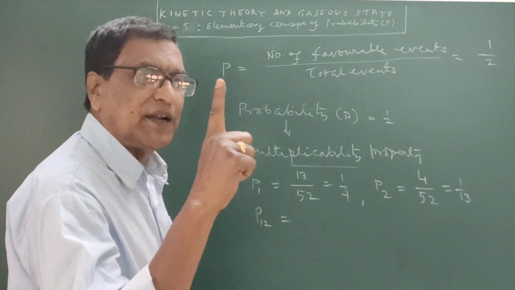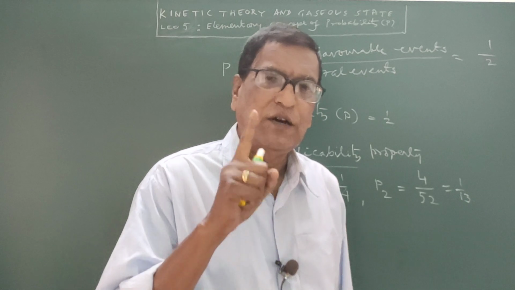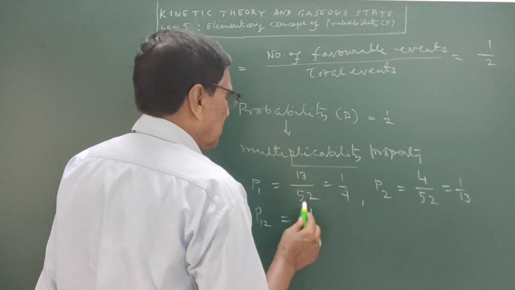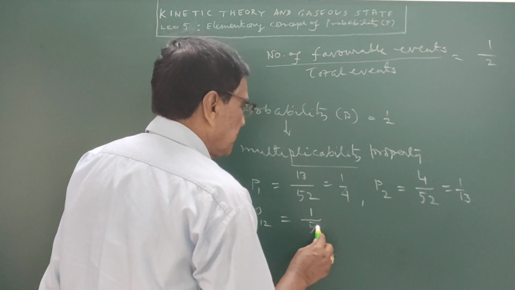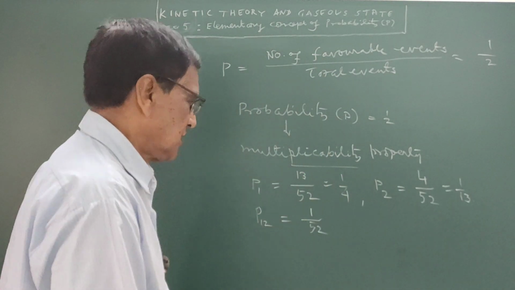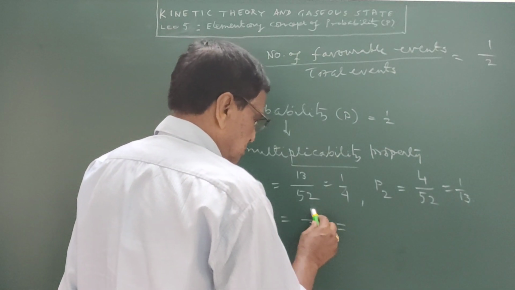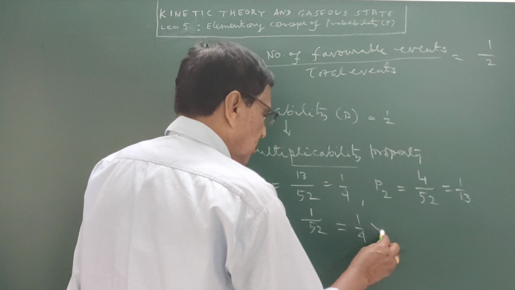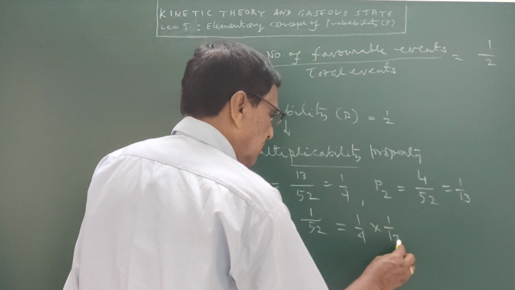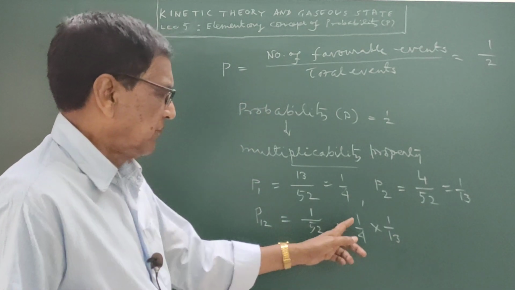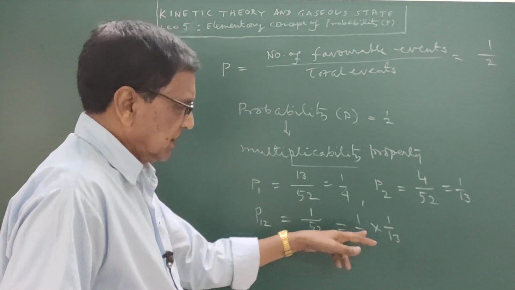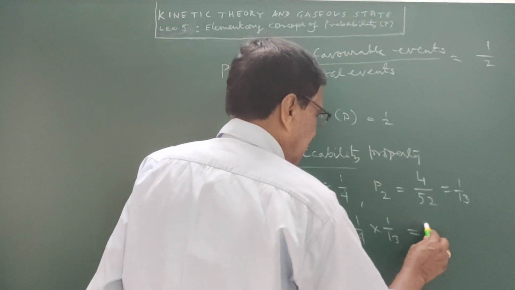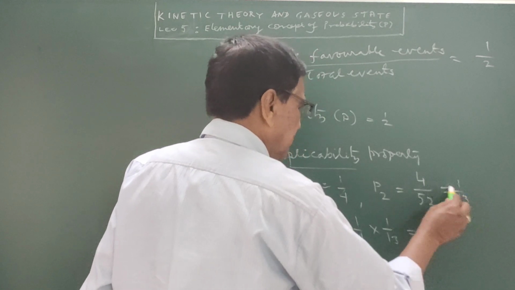There is only one king of diamond, so there is only one favorable event, divided by 52, the total number of cards. So this 1 by 52 you can split up into 1 by 4 into 1 by 13. So 1 by 4 means P1 and 1 by 13 means P2.